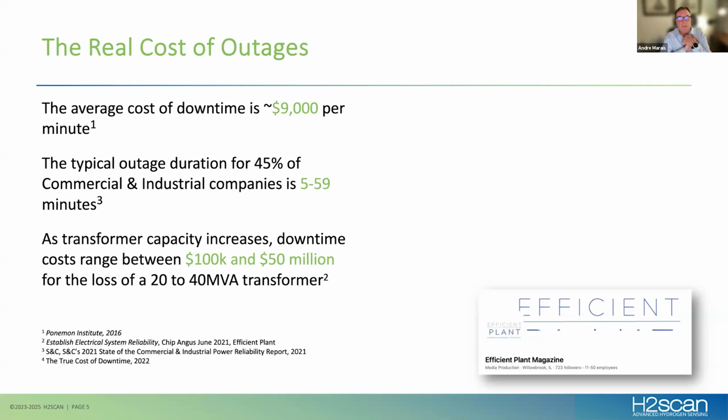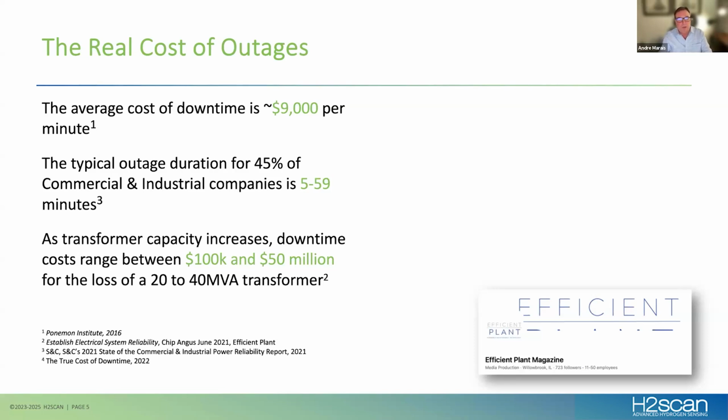that it'll cost your organization. The typical outage duration for 45% of commercial and industrial companies ranged between 5 minutes and 59 minutes. And then as the transformer capacity increases, your costs can range anywhere from $100,000 to $50 million.